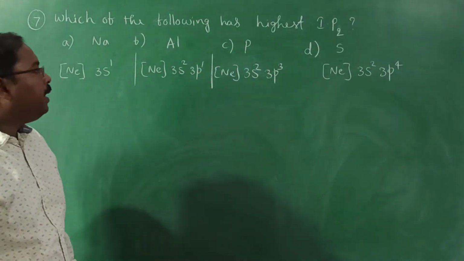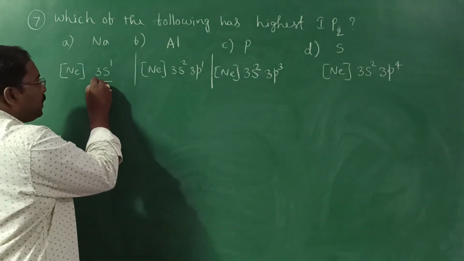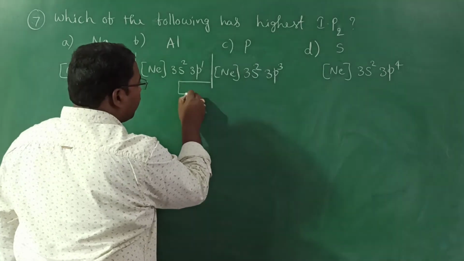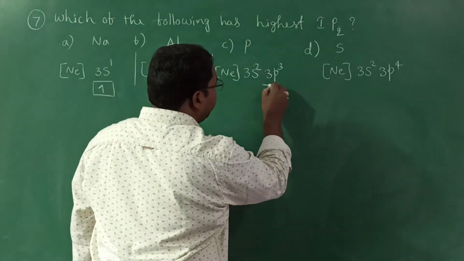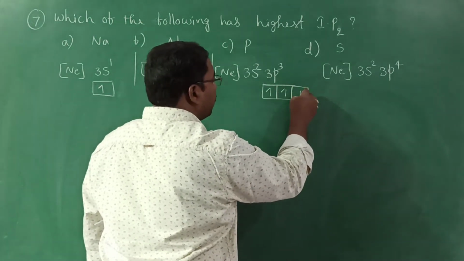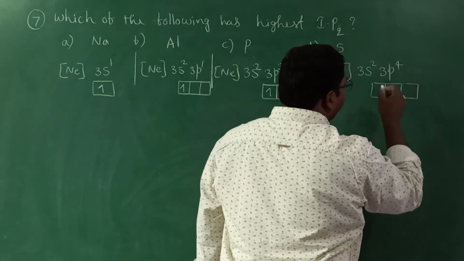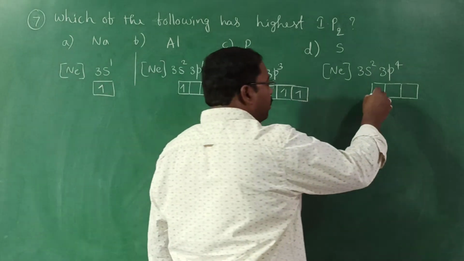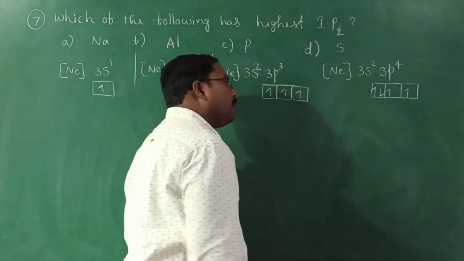To get more clarity, let us represent the electrons present in the 3p orbitals: 3p1, 3p3, and 3p4 is this. Four electrons, so how will we write them? Three, and the fourth one we write there.